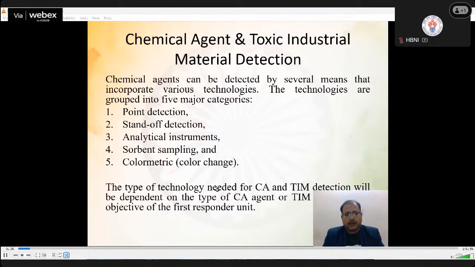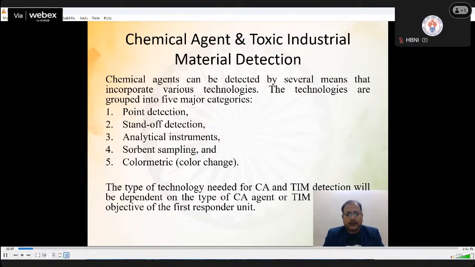So the type of technology needed for chemical agents and toxic industrial material detection will depend on the type of chemical agent or toxic industrial material used and the objective of the first responder unit. It is very evident that we have to understand that we have certain types of detection mechanisms or technologies which we can use. But it depends on the conditions, and how and when to use them is also much required.